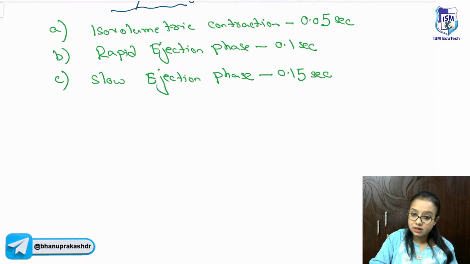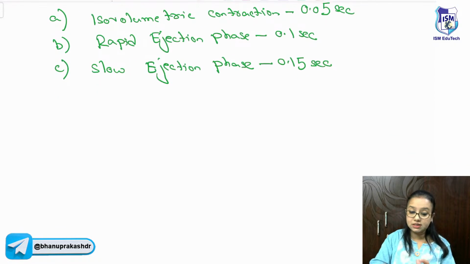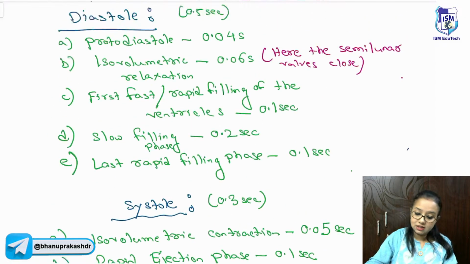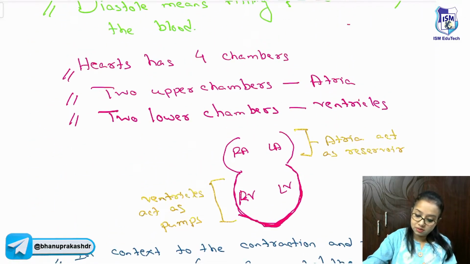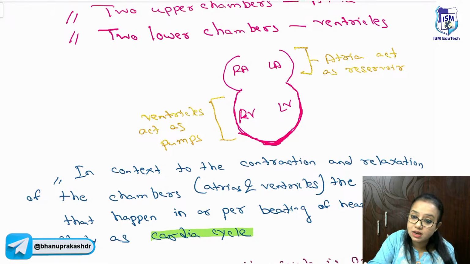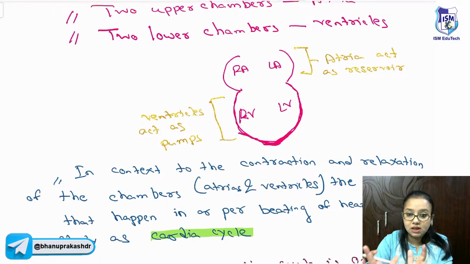Now you may be wondering why we are so fascinated by the ventricle and have not mentioned such steps for the atria. See, in the beginning, if you remember, we understood that the atria act as a reservoir, like a vessel that holds.